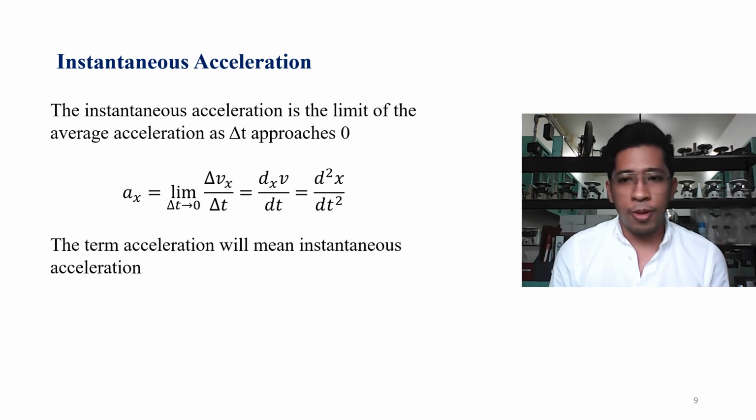Or this is also equal to the time derivative of your velocity, or dv over dt, or this is equal to the second time derivative of position, d squared x over dt squared. The term acceleration then will mean the instantaneous acceleration.